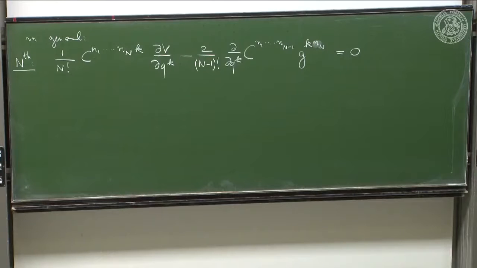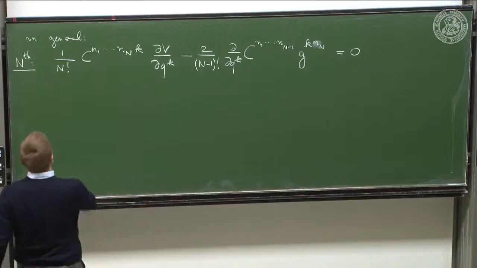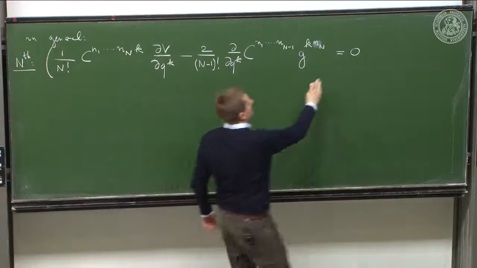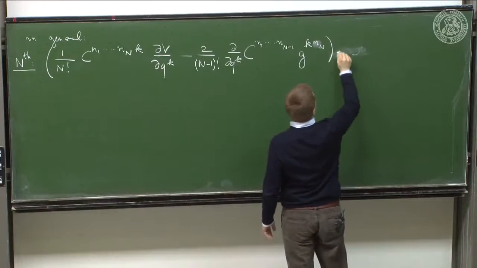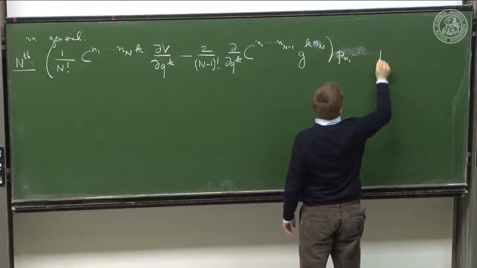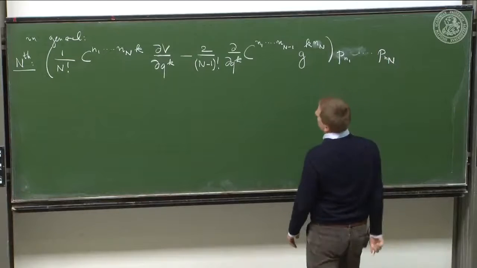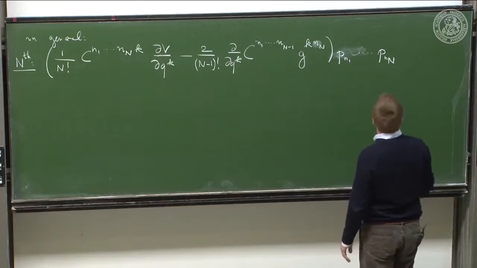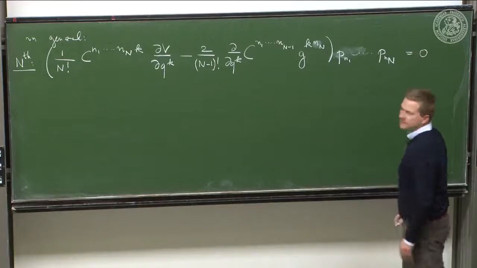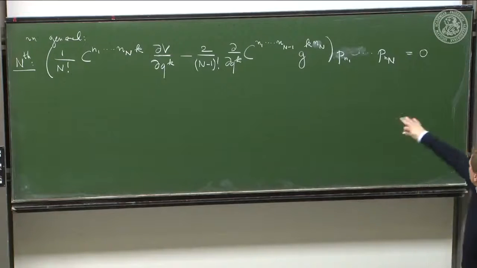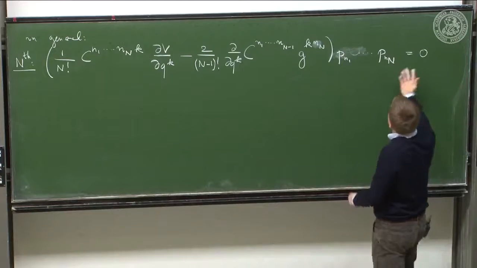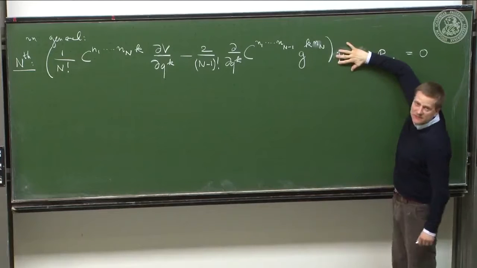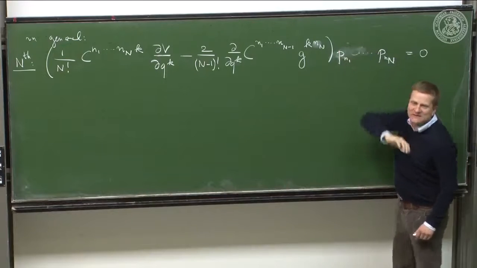What did we do? We actually know that this times P n1 up to P nn equals 0, right? That's actually the full thing for all P's. So we say, well, if this is supposed to be true for all P's, this must be 0. Why is this not true?